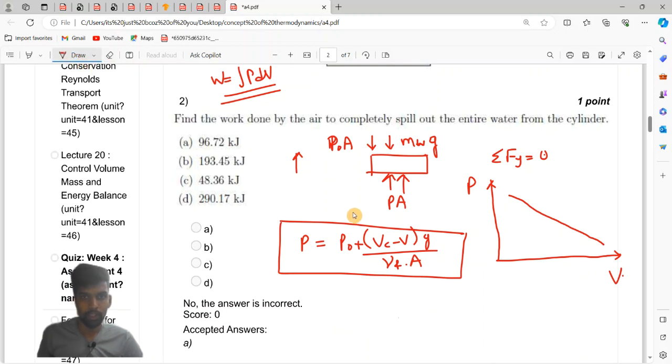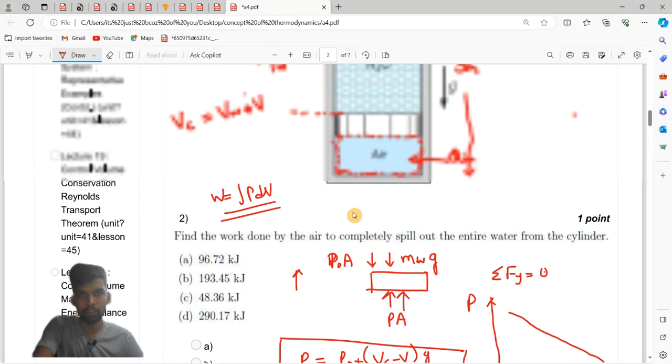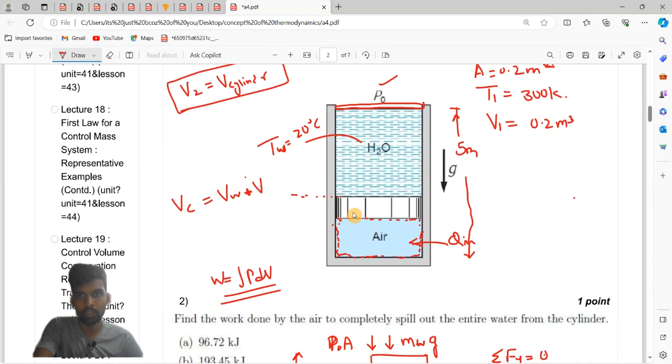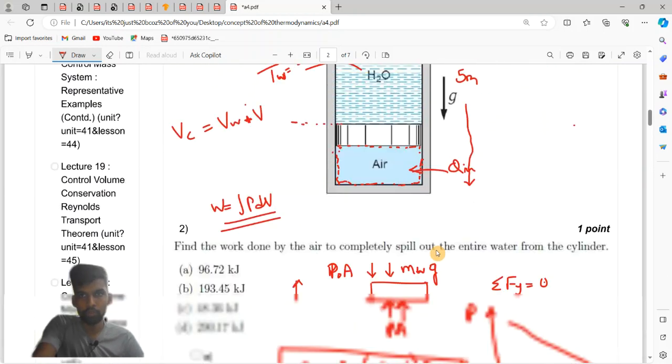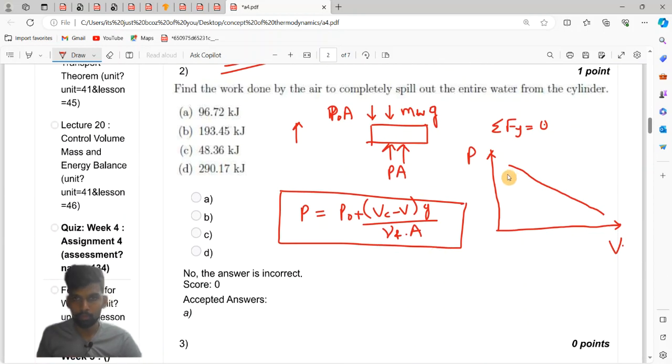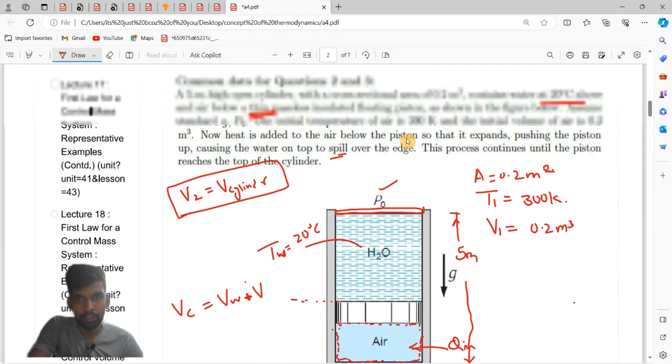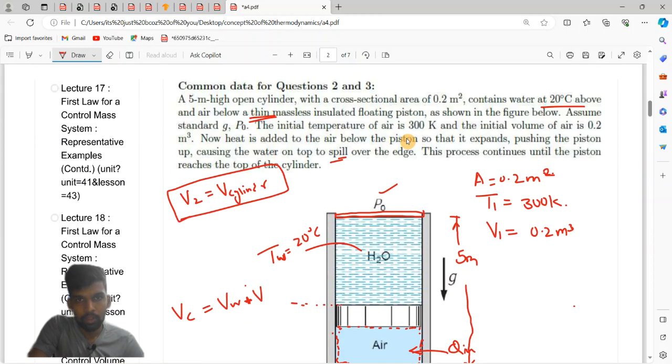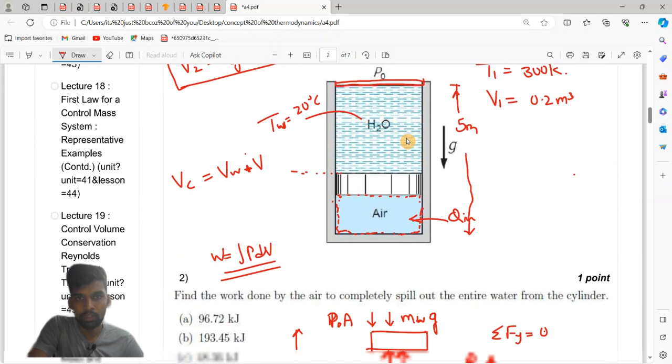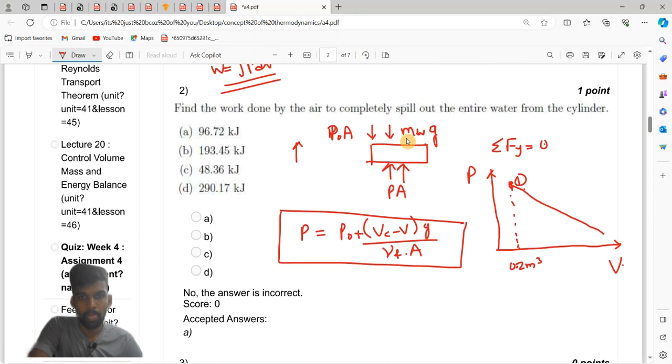At different points we need to calculate properties. At state 1, what they have given is that the volume is 0.2 meter cube. Suppose this is our state 1. So at state 1 the volume is 0.2 meter cube, and the pressure we can also calculate from this equation.